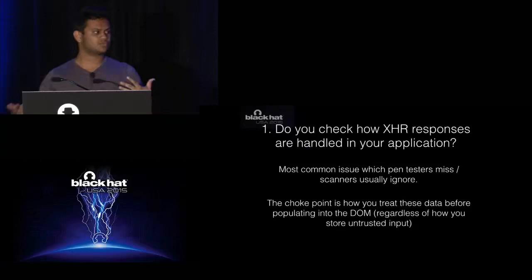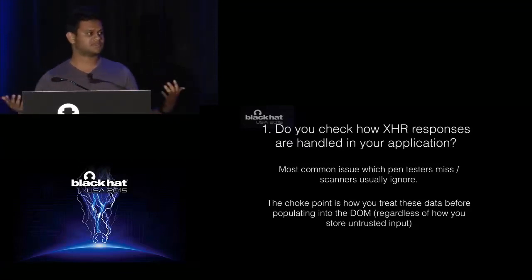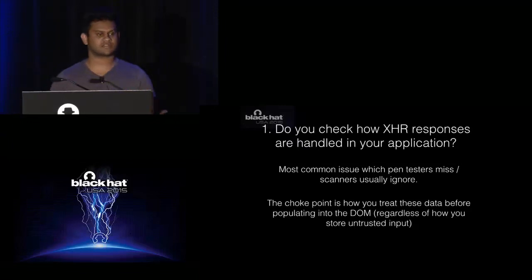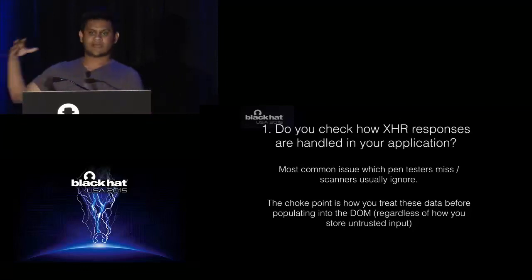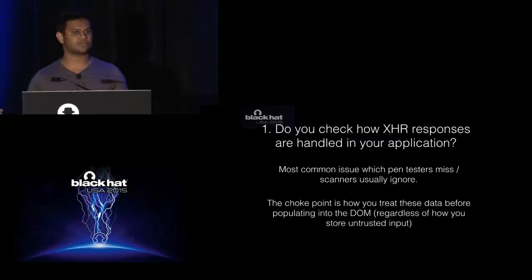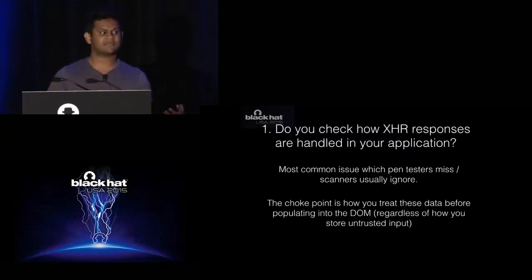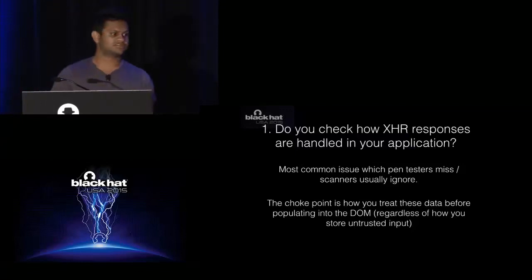I always used to wonder, when a web app is using some API and fetches some JSON content, what's going to happen to this JSON content? Because regardless of what's happening on the server side, they might be doing proper filtering and output encoding. Regardless of that, the ultimate choke point is what your JavaScript is doing before pushing it to the DOM, right?